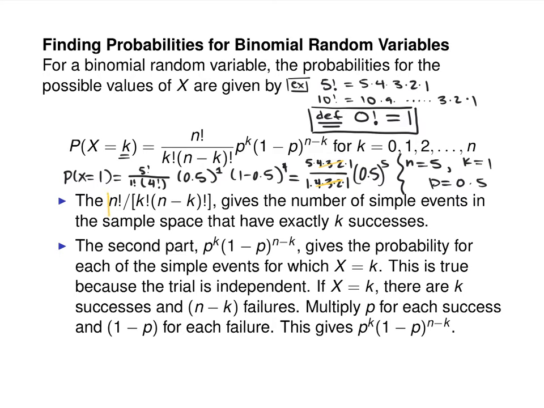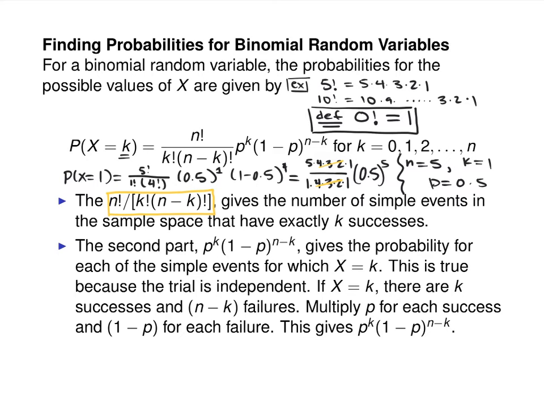So this first number, n over bunches of factorial stuff, tells you the number of simple events in the sample space that had exactly k successes. For us in that previous example, that was kind of like the places the boy could have fallen, and it could have fallen in 5 different places.